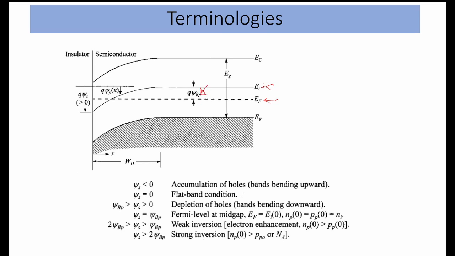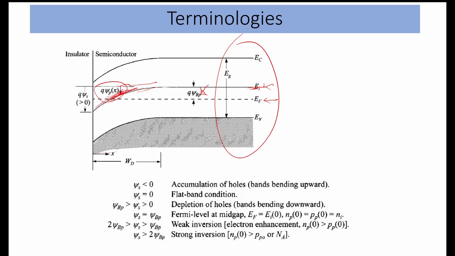And the gap at any point, the difference from the initial Ei, the Ei deeper in the semiconductor, to the band bending, at the interface where the band bending starts, is q psi p of x, because it is varying with the distance x.